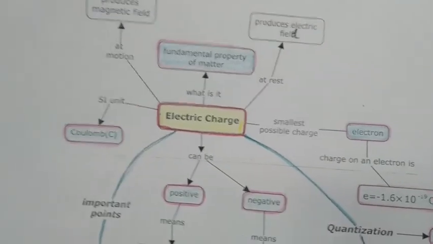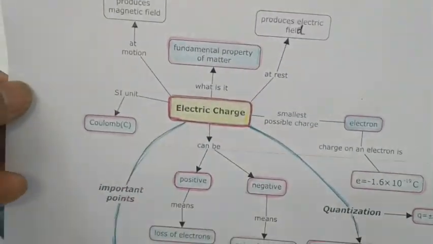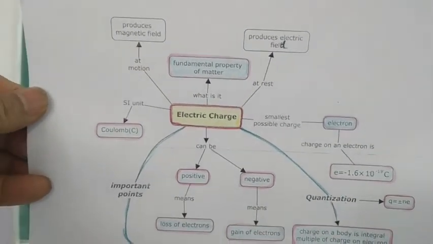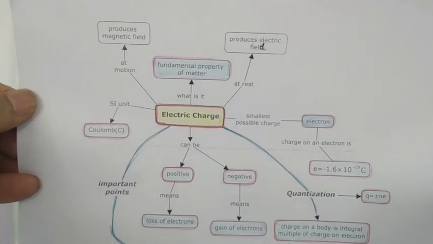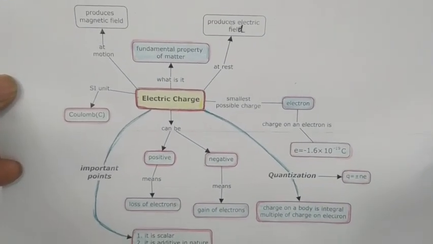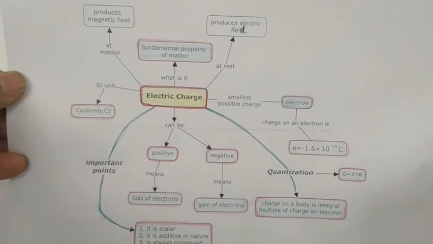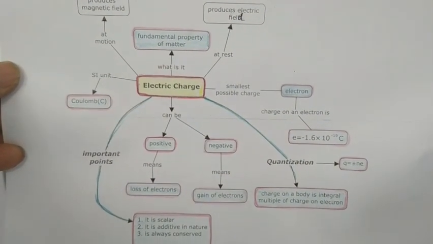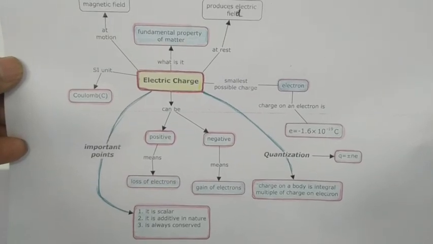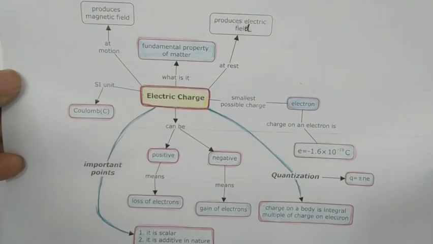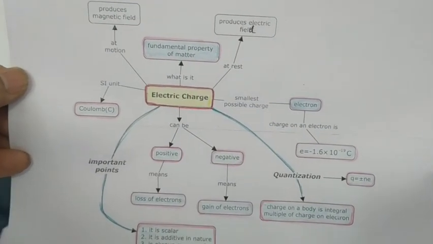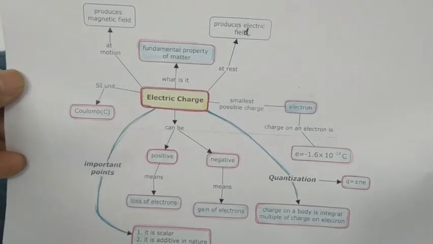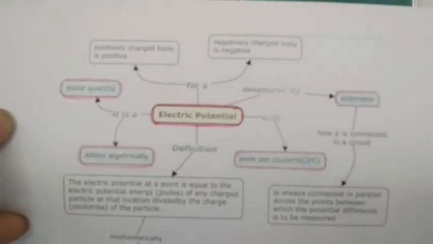It is a scalar quantity. Very important thing, two properties I already told: one is it is conserved, another one it is quantized. So what is the basic formula we learned here? Q equal to plus or minus Ne.